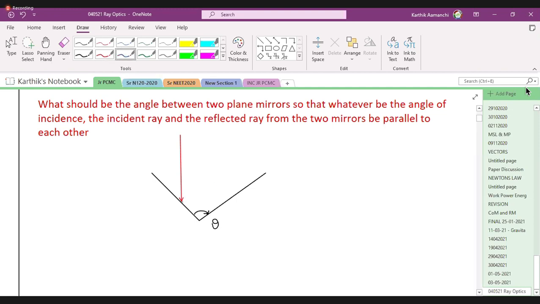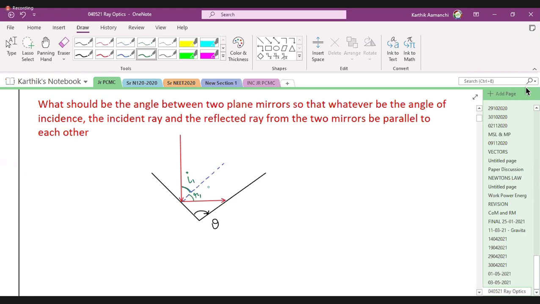For this surface, I'm going to draw my normal. This is my angle of incidence. So my ray will now go with the same angle and hit here, right? So this is my angle of reflection.